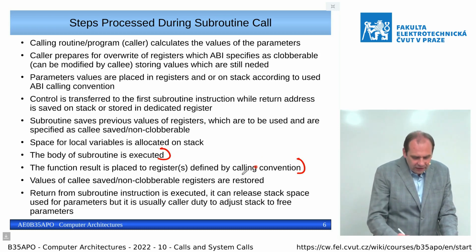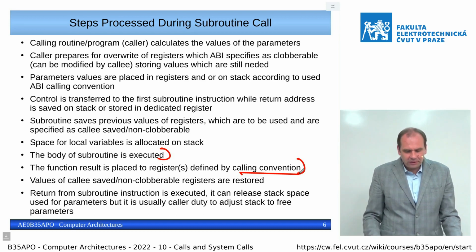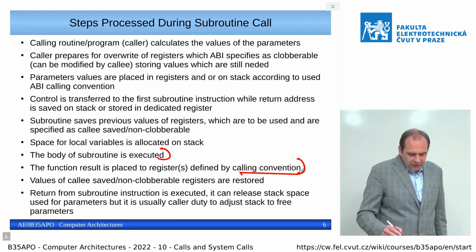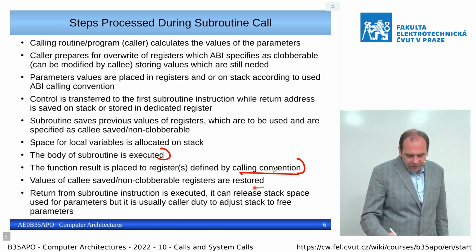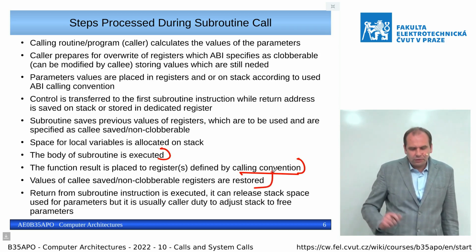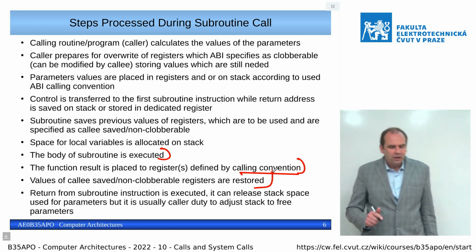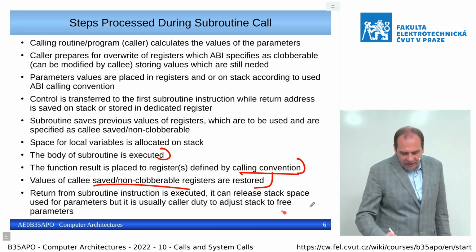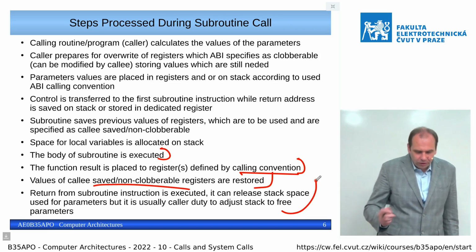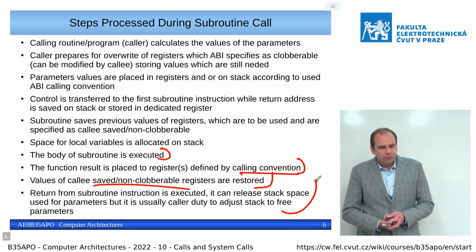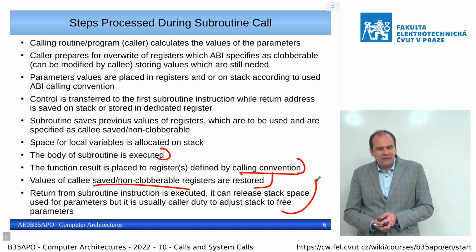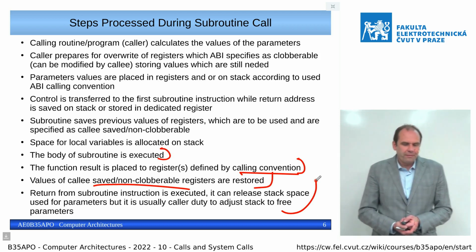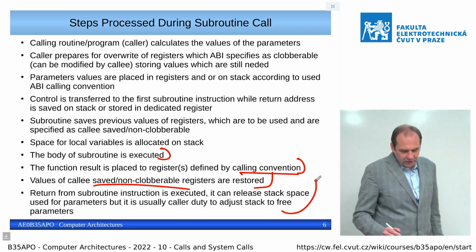And in which ones is again given by the calling convention for a given architecture. And then it is necessary to restore the previous state of those non-clobberable registers. And the last step from the point of view of the subroutine is that it returns the control back to the program which invoked the given subroutine.